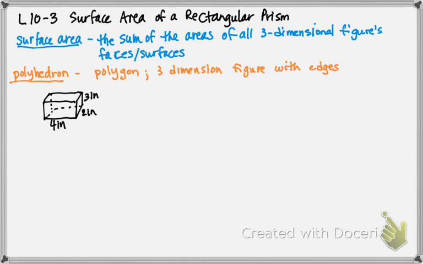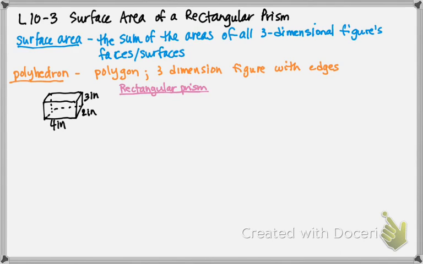So what do we know about a rectangular prism? Now, if you didn't get it through my last video, I'm just going to beat you over the head with it again. Remember, all the sides of a prism, not the bases, but all the sides of all prisms are rectangles.